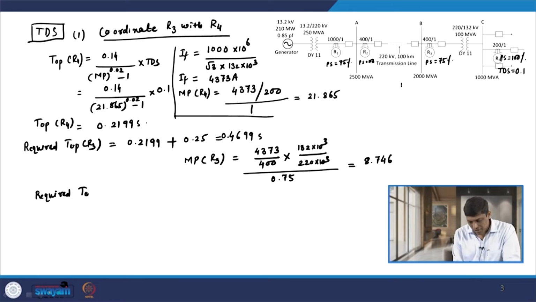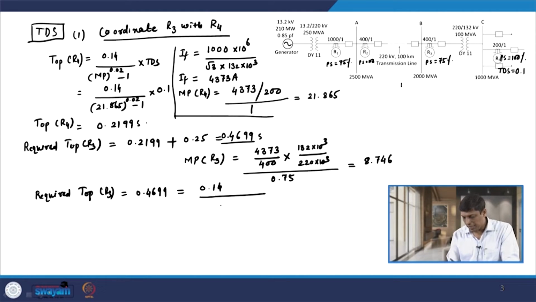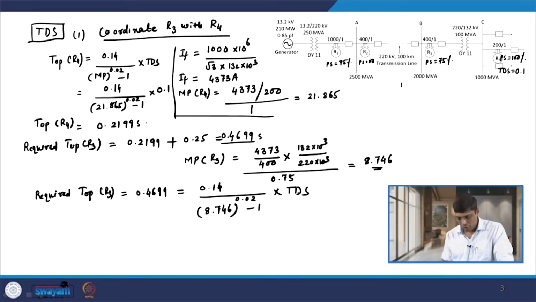So, if I use this, the required time of operation of relay R3, which we have already calculated, is 0.4699 second, which is equal to 0.14 divided by MP raised to 0.02 minus 1, into TDS. MP is 8.746, and TDS is the TDS of R3, which we need to calculate.